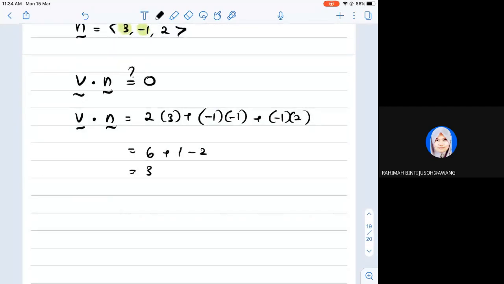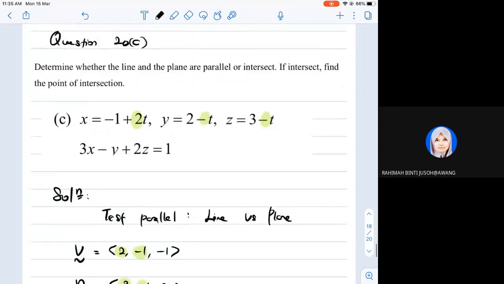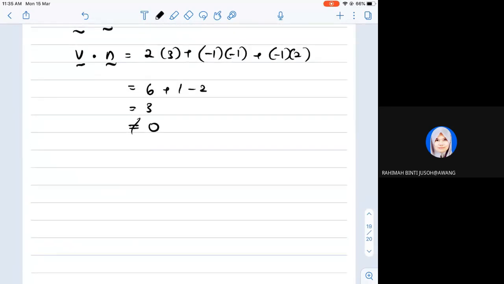Is it equals to 0? No. Right? Dia tak equals to 0. So dia parallel ke tak parallel? Guys? Tak parallel lah. Okay, so soalan ni dia nak suruh test whether parallel or intersect. So bila dia tak parallel, not parallel.